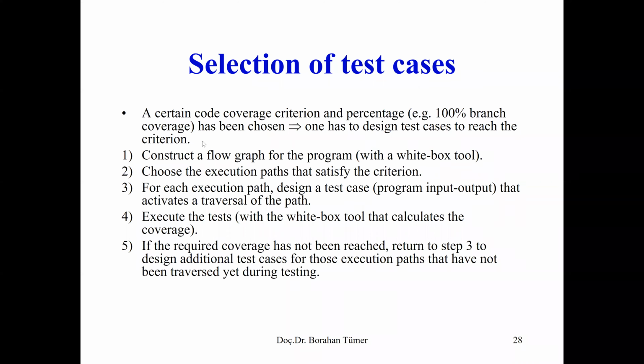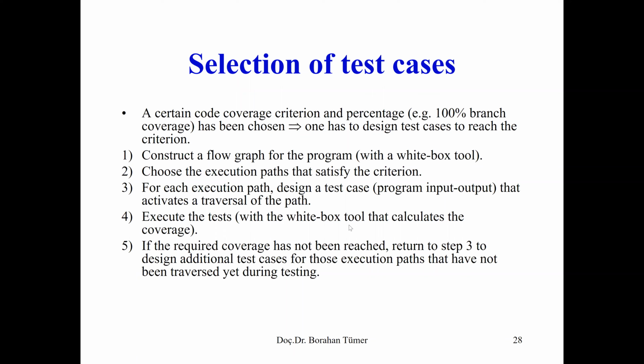We have to optimize the number of our test cases. Construct a flow graph for the program with a white box tool, and then choose the execution paths that satisfy the criterion. For each execution path, design a test case, that is program input and output, that activates a traversal of the path.